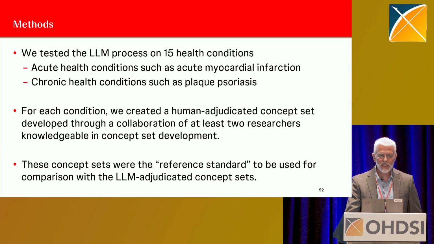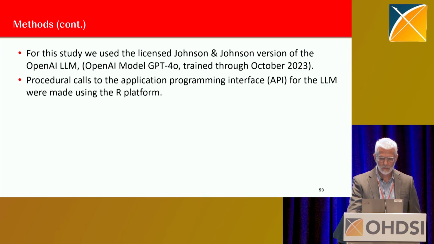These concept sets were then used as the reference standard for comparison with the LLM adjudicated concept sets. We used the licensed Johnson & Johnson version of the OpenAI model GPT-4o, trained through October 2023. Procedural calls to the API for the LLM were made through the R platform.